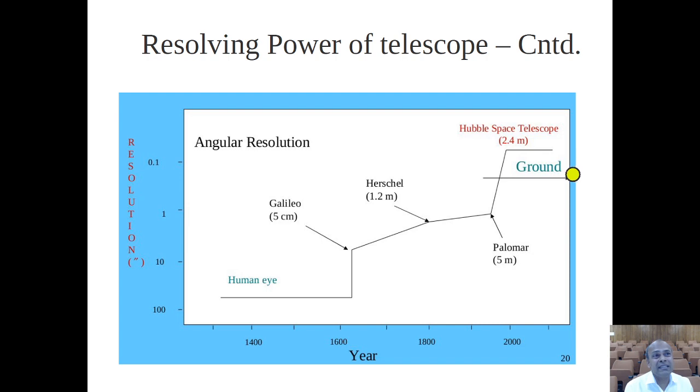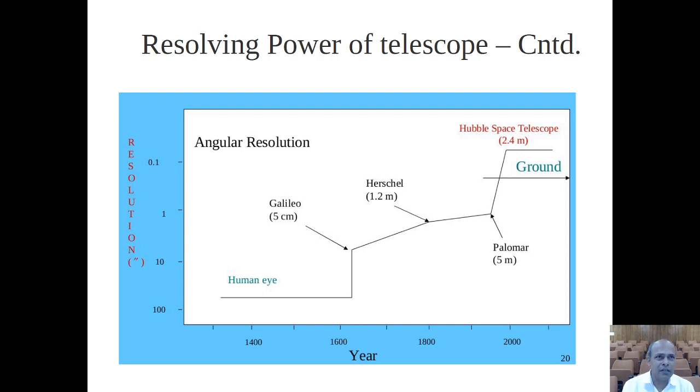That is the best seeing we can get from a ground-based optical telescope, limited by Earth's atmosphere. To pass that, we go above Earth's atmosphere and set up space telescopes. That is how the Hubble Space Telescope was set up with a 2.4 meter aperture.